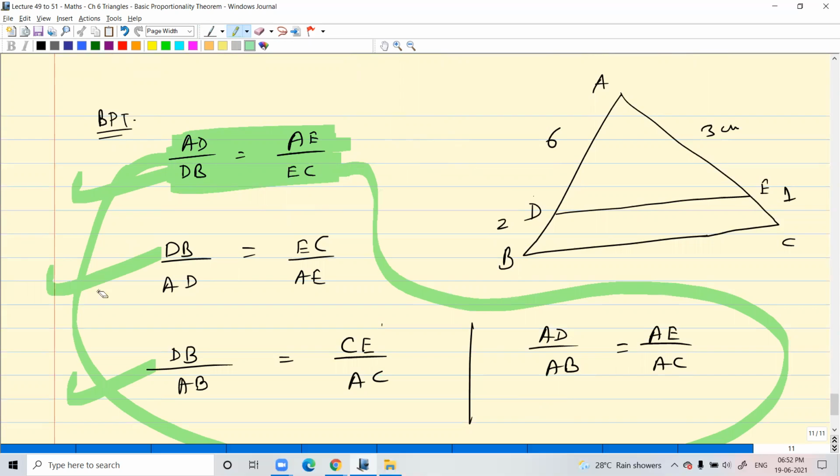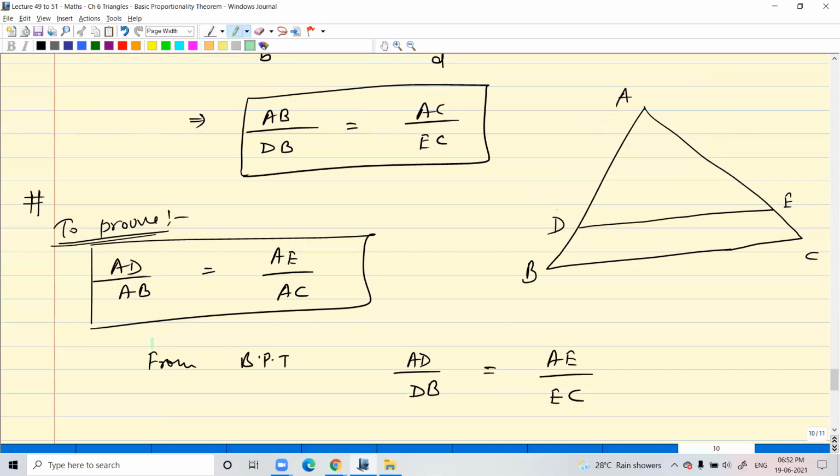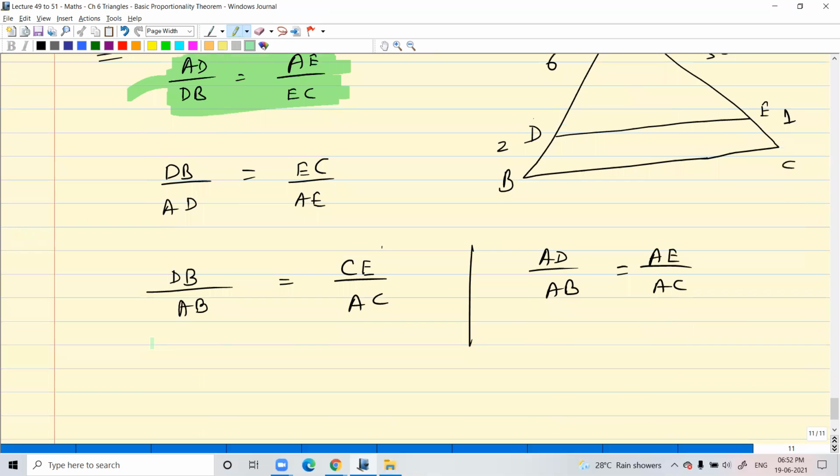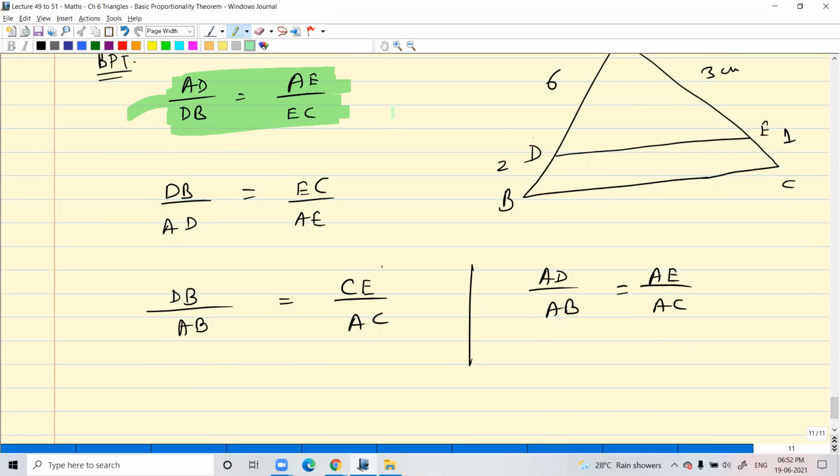I proved AD by AB. Like that, we can prove all these things. This first one is coming from the BPT. This one is just the reciprocal of the BPT. So first two are clear, everyone?